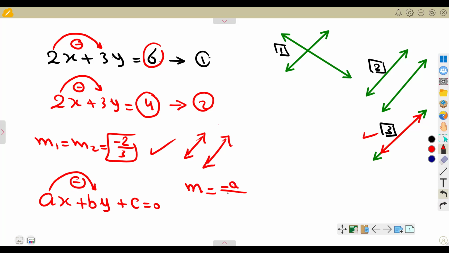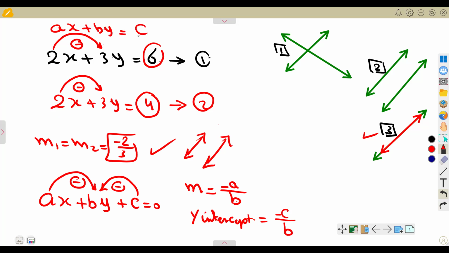And if we want to get the y-intercept, it's negative c over b. So this equation is in the form of ax plus by, but with c on the right side, so we don't need c. I want to get the slope. It's negative a over b, which means negative 2 over 3.